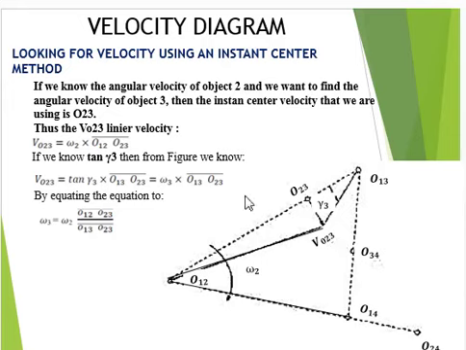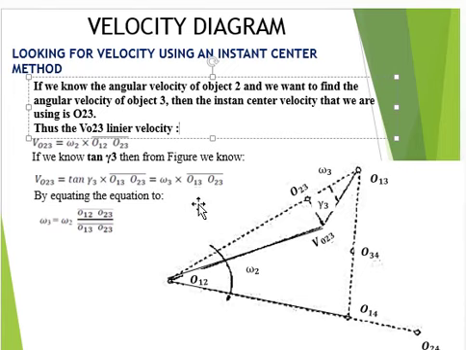And then if we know the tangent of omega 3, we can say the velocity VO23 is equal to tangent gamma 3 multiplied by this radius O13 to O23, which is equal to omega 3 multiplied by this radius O1,3 to O2,3.